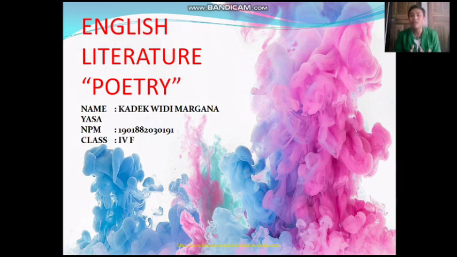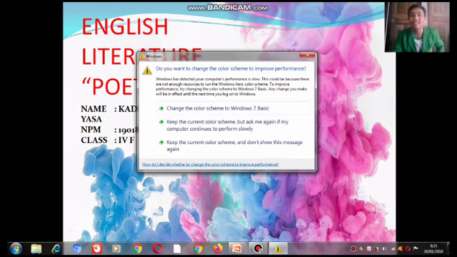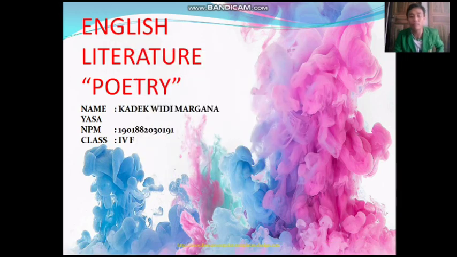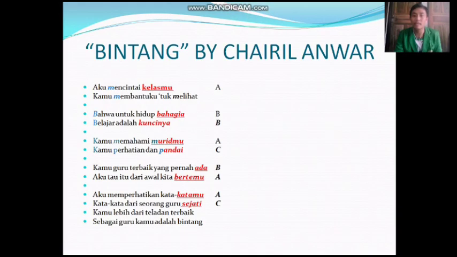And now let's analyze the elements of poetry. Generally, poetry has 15 elements that I'm going to explain now. As you can see on the screen, that is the example of the poem entitled Bintang by Chairil Anwar.